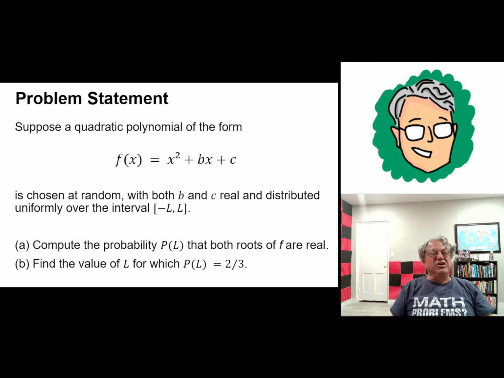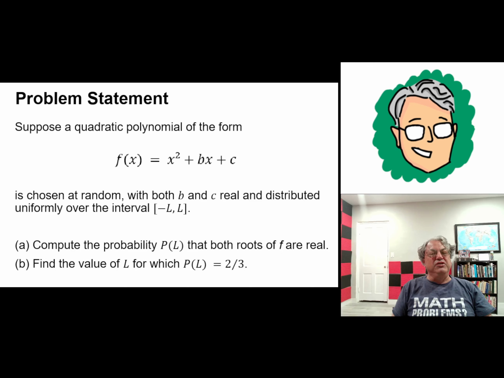But now there are two parts to this problem. We want to compute the probability, which I'm calling P of L, that both roots of f of x are real. So the probability depends on capital L, the size of this square that we're defining our coefficients B and C to lie within.